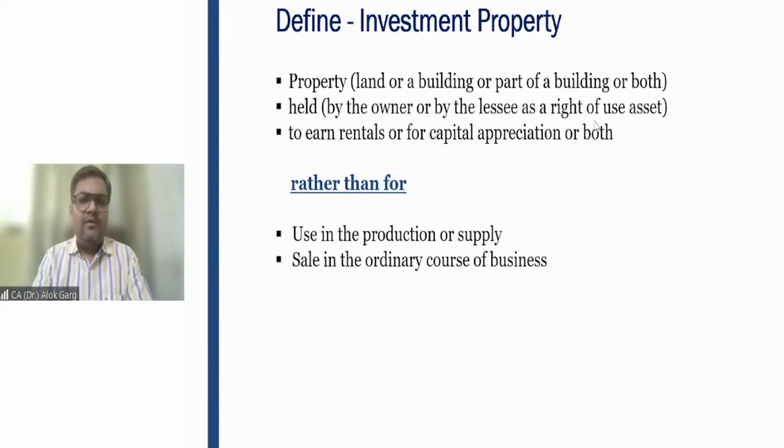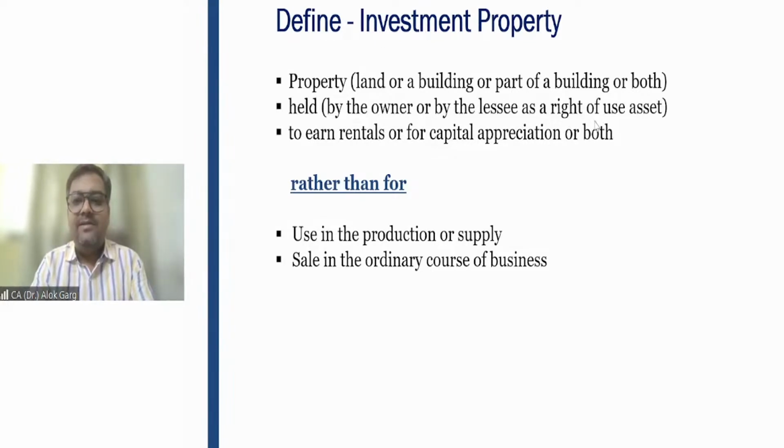I explained that PPE are tangible items held for use in the production or supply of services, or held for rental purposes, or for administration purposes, and which are to be used for more than one period. I gave you one exception for land and building: if the land and building is given for rental purposes, it is not PPE.